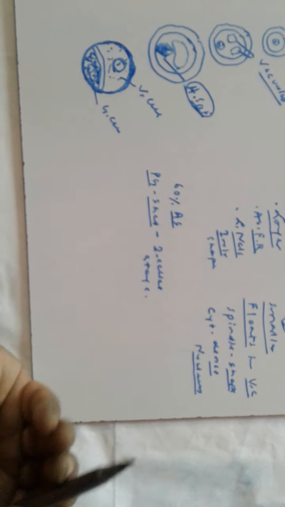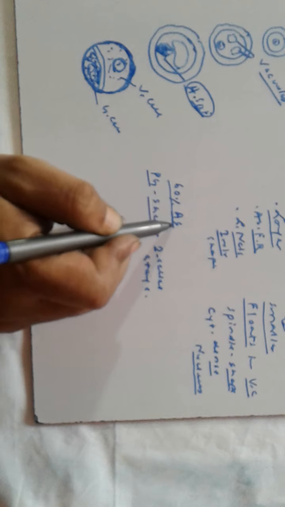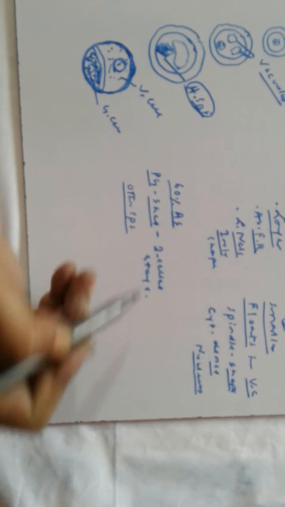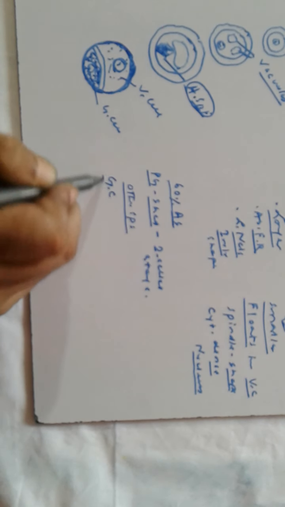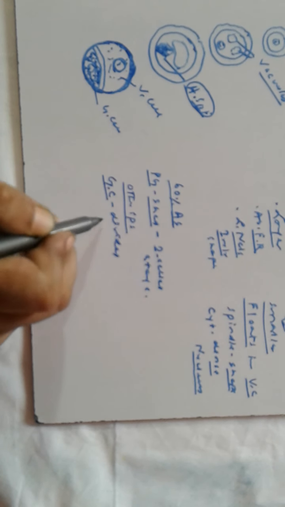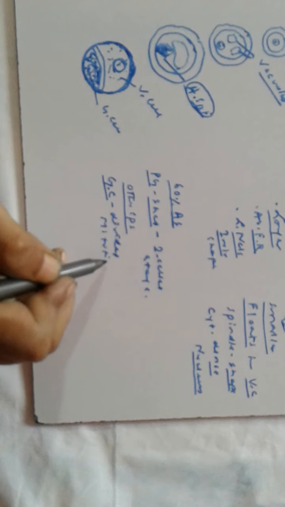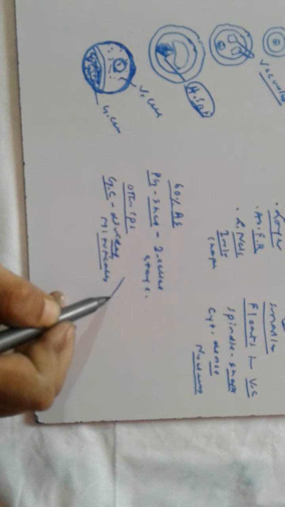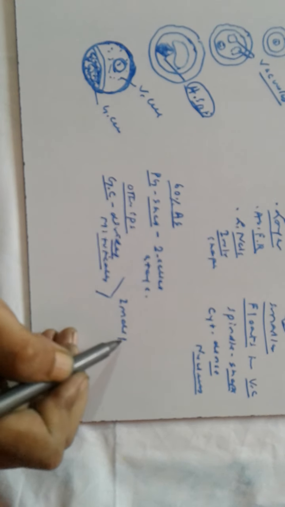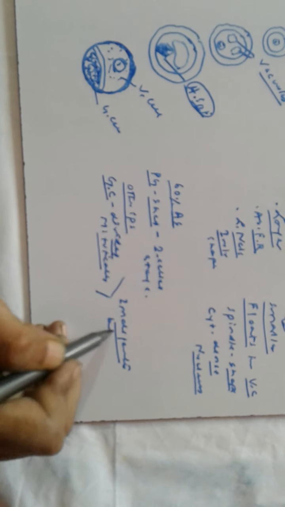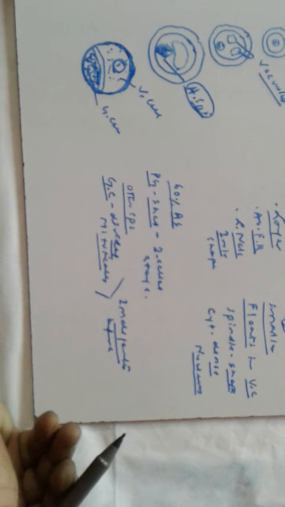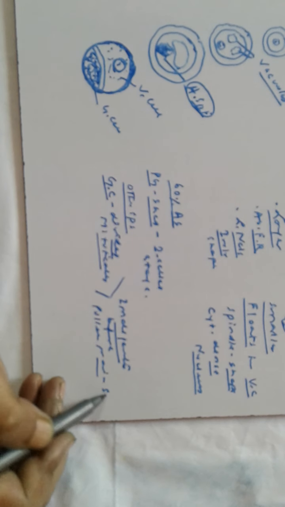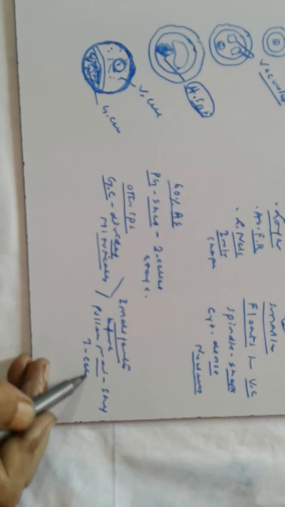But in other species, the generative cell divides mitotically, and as a result two male gametes are formed before the pollen grains are shed. And it is called the three-celled stage.